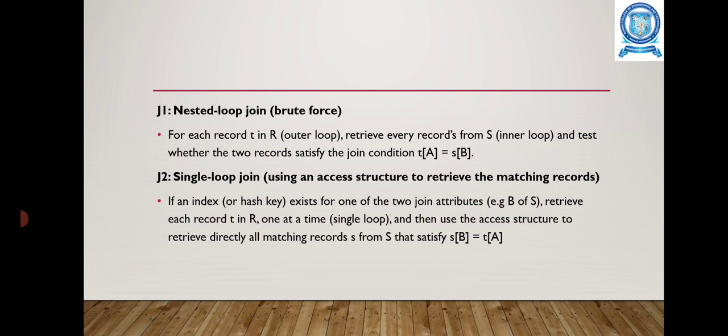If an index exists for one of the two join attributes, retrieve each record T in R one at a time and then use the access structure to retrieve directly all matching records S from S that satisfy S of B equals T of A.